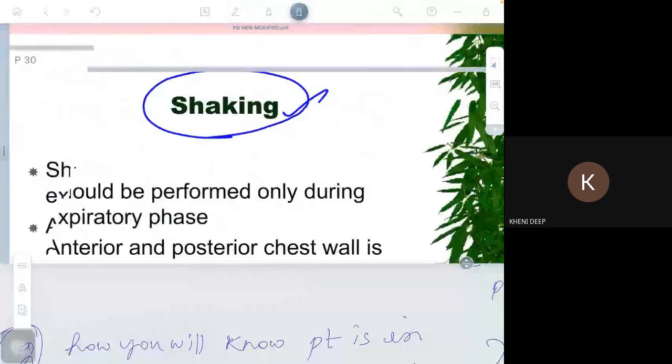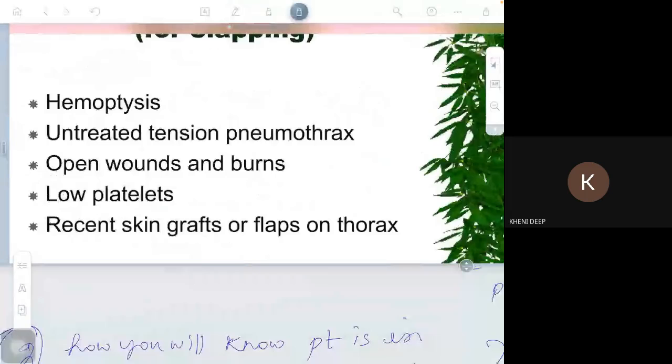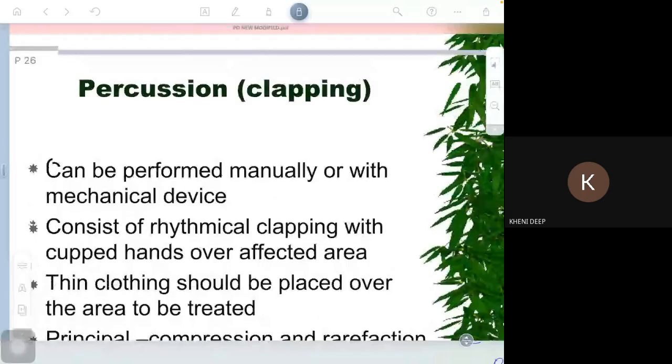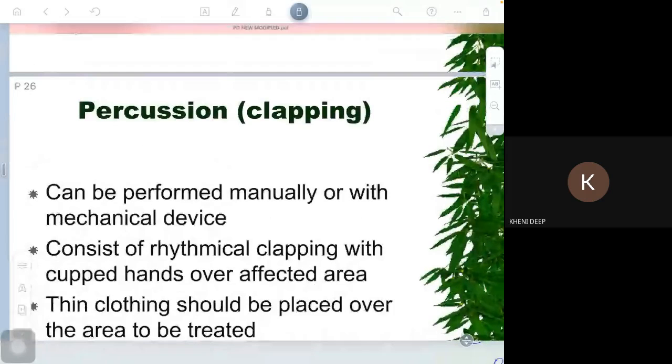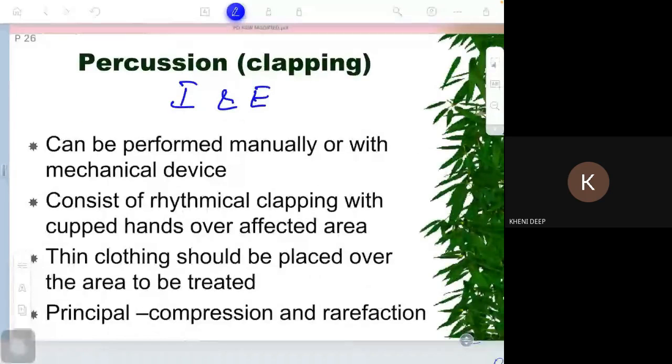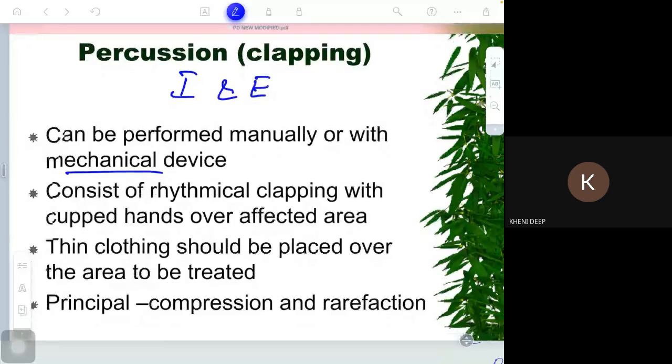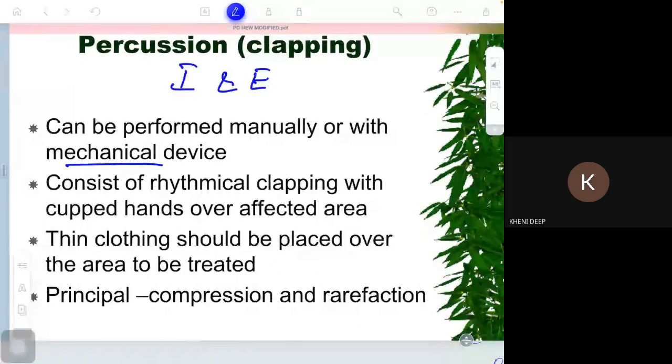And what is clapping? Clapping can be performed during both inspiratory and expiratory phase, and it can also be performed with a mechanical device. There are certain devices which will substitute this manipulation.